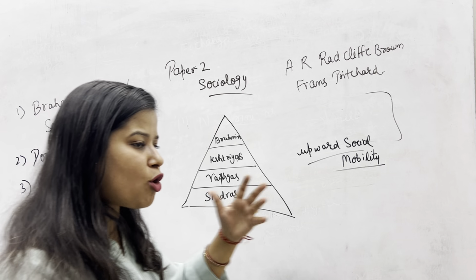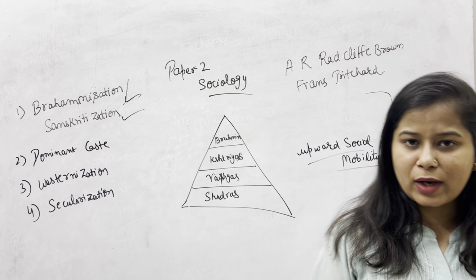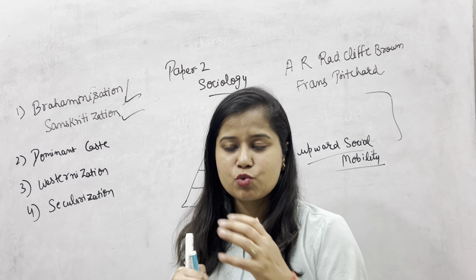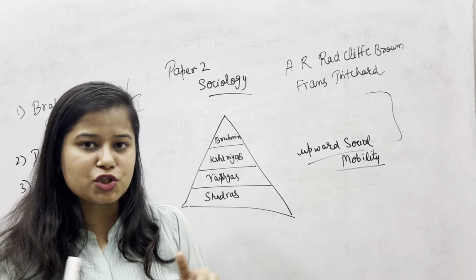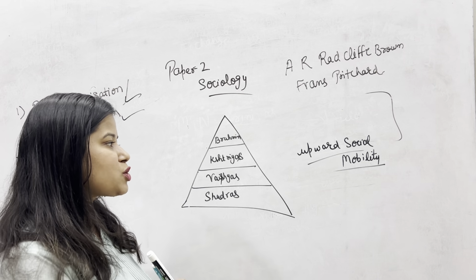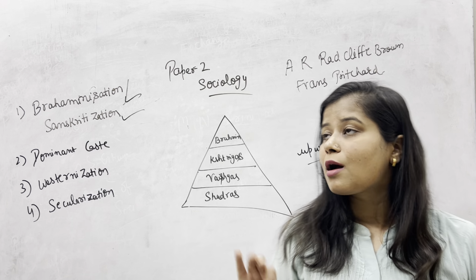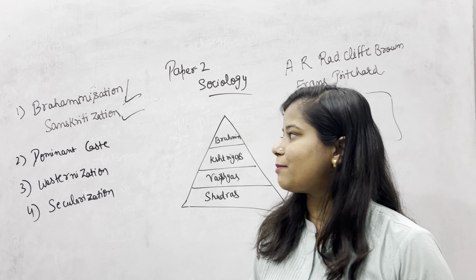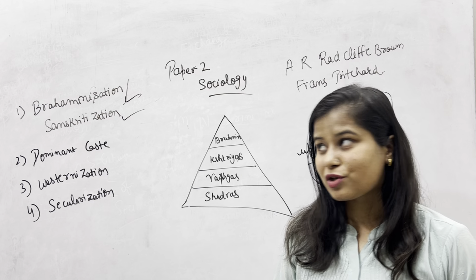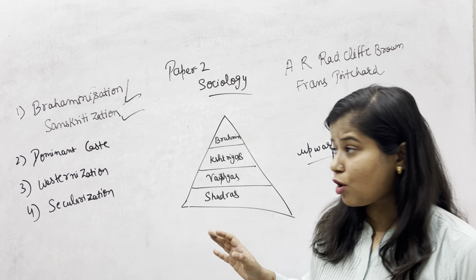The lower caste or dominant caste may be anyone, right? Lower caste will be in the lower hierarchy of the caste hierarchy, and upper caste will be at the top. So this is the concept of Brahmanization, which was later renamed Sanskritization by M.N Srinivas. I hope this concept is clear to all of you.